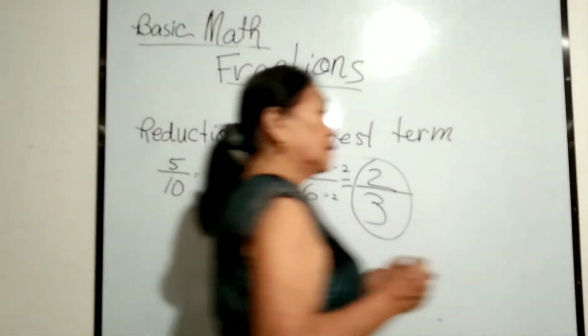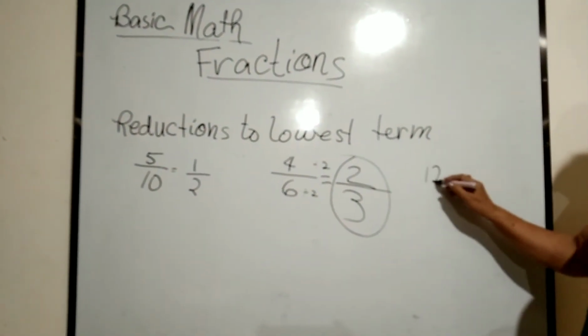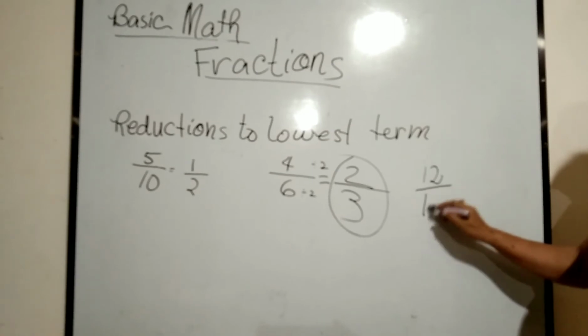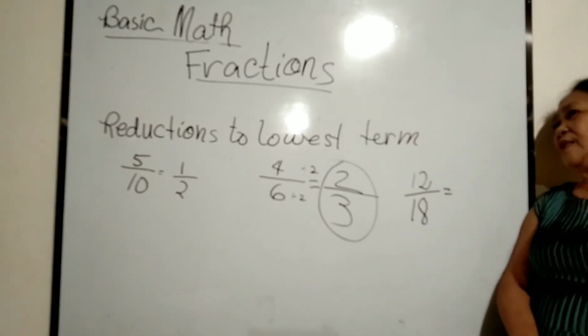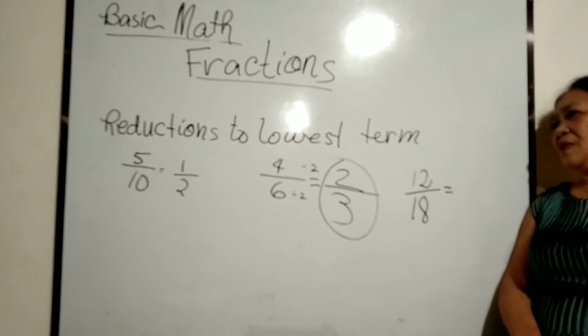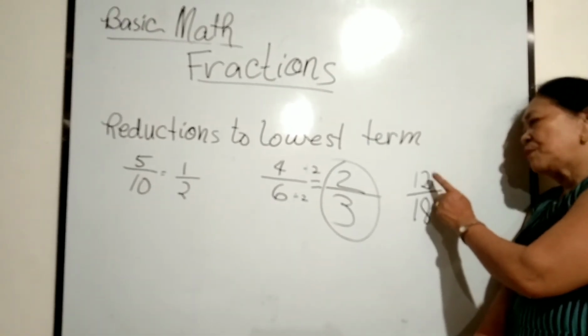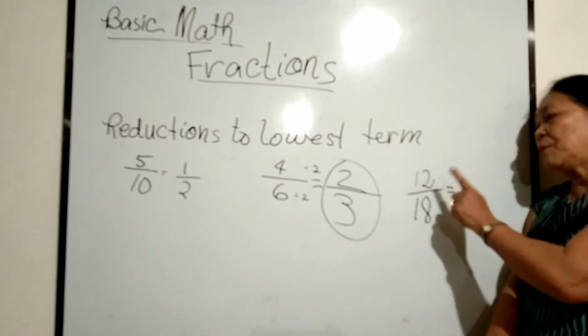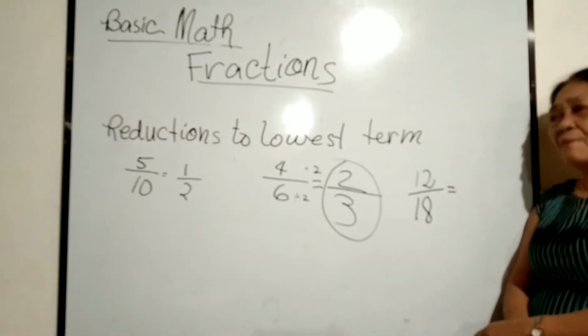Another example, bigger numbers. I will give you 12/18. Okay. What do you think is the greatest common factor? The number that we can divide is, the number 12 can be divided by that number, 18 can be divided by that number.